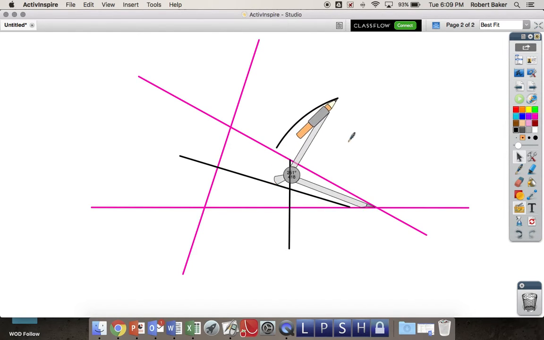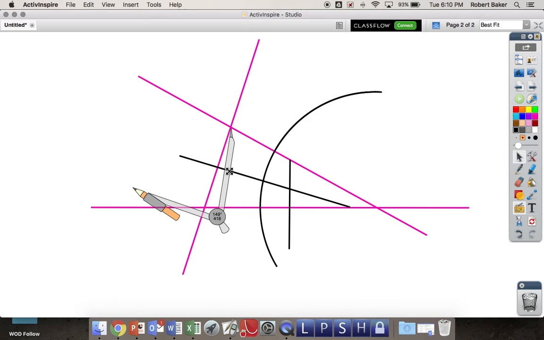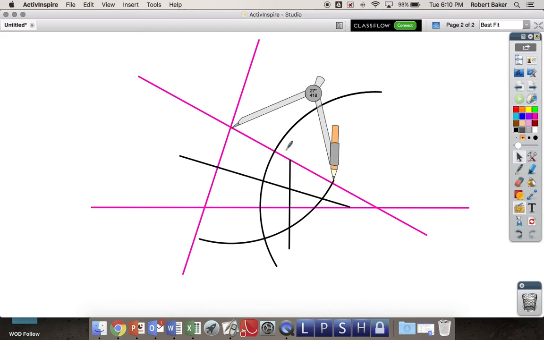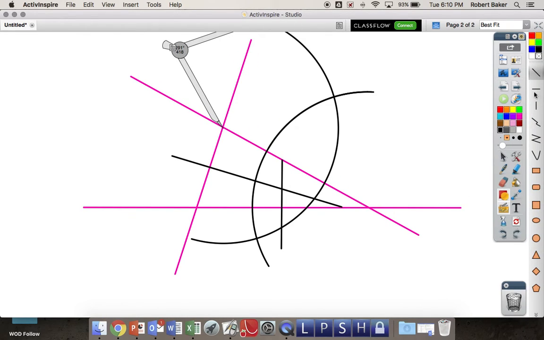I'm going to swing an arc down and swing an arc up. Without changing the radius of my compass, I will move it to the other vertex and swing an arc up and down. So again, in black, I'm going to connect this intersection to this intersection.